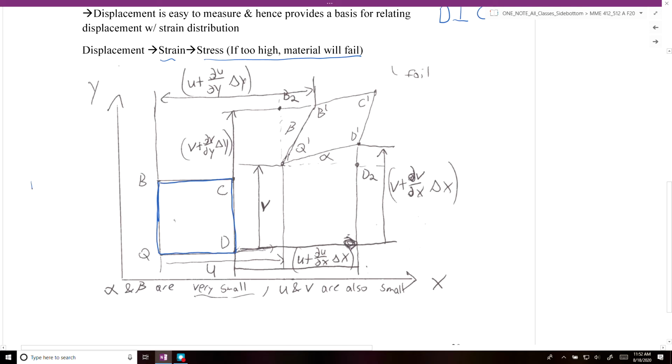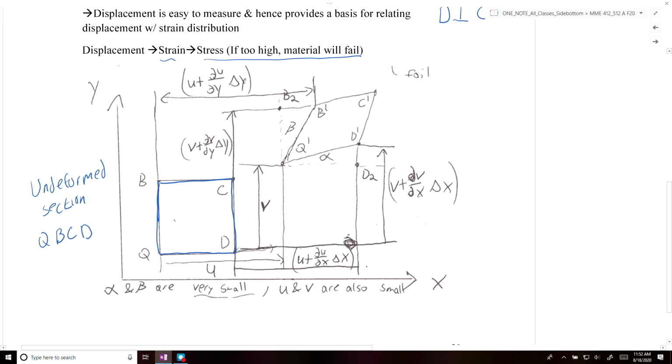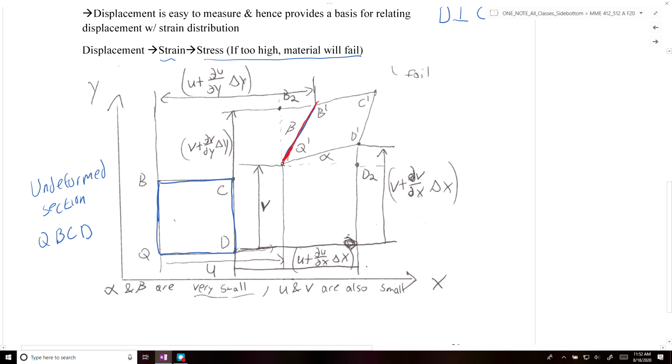So this is our undeformed section, and that's Q, B, C, D. Then after the system is loaded and stress is being applied, we'll have a deformed section, which we'll label Q prime, B prime, C prime, D prime.